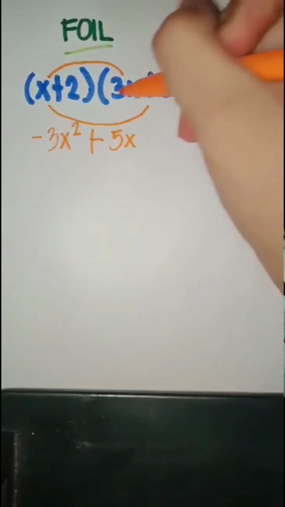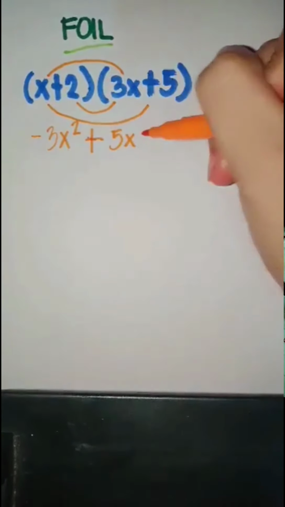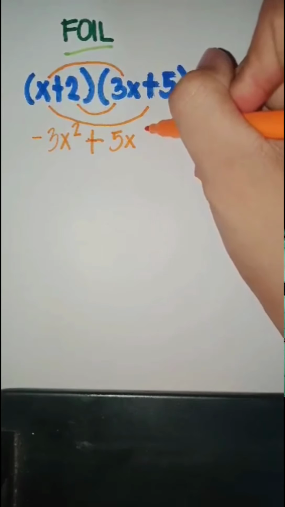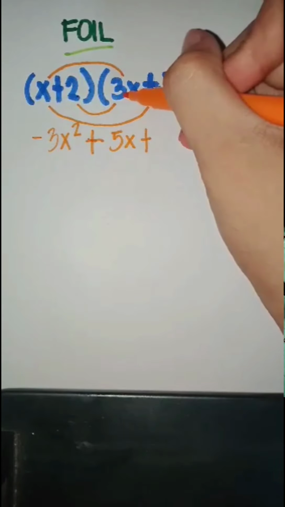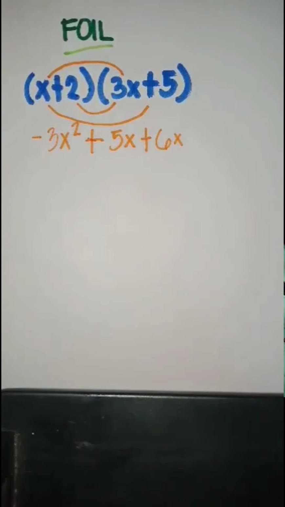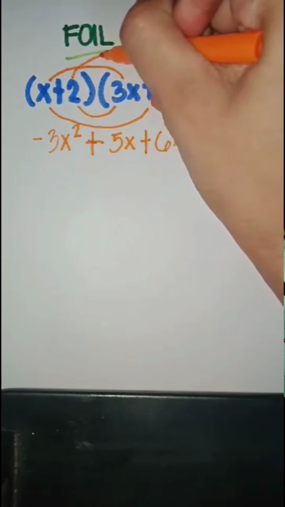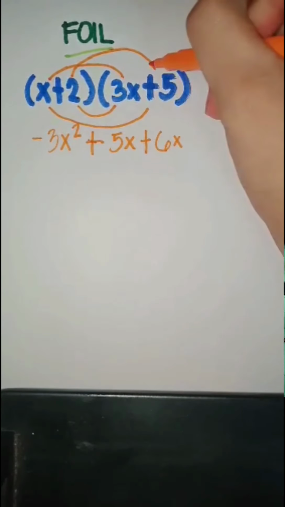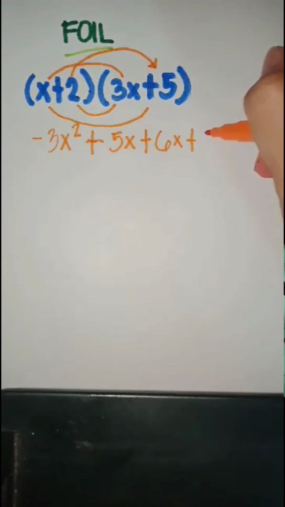The I is inner: this is the plus, so 2 times 3x equals 6x. And the L, last, is 2 times 5, which equals 10.